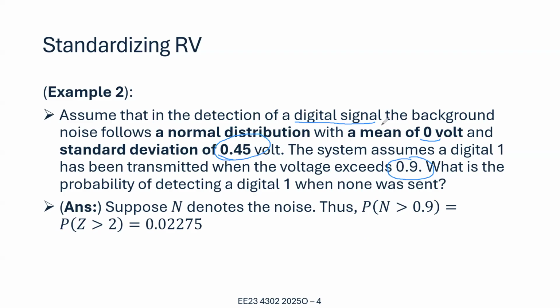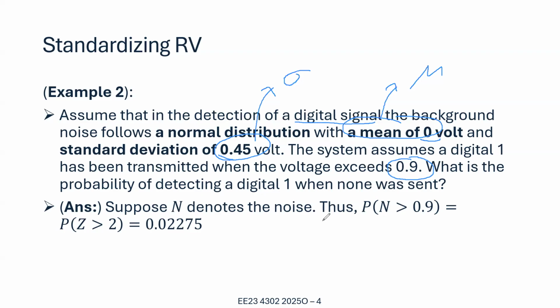So the noise here has the mean of 0 and the standard deviation of 0.45. So here this is the mean, and this is the standard deviation. And what is the probability of detecting a digital one when none was sent, right? So all of these are noise.